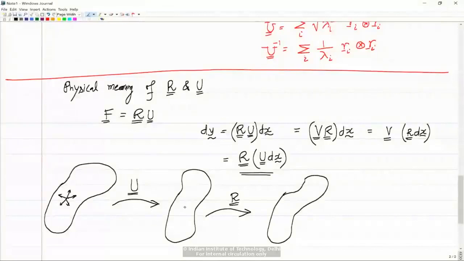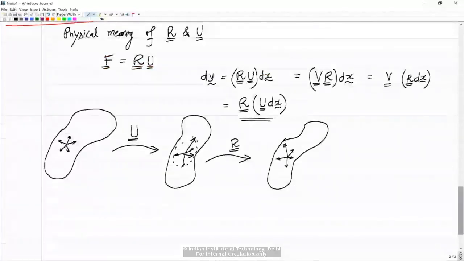So all that is done due to U. But the R part, being rotation, is simply rotating this neighborhood. So all the deformations are actually occurring due to U only, and R is just doing the job of rotation. So I can say that all the deformations are occurring due to U only.